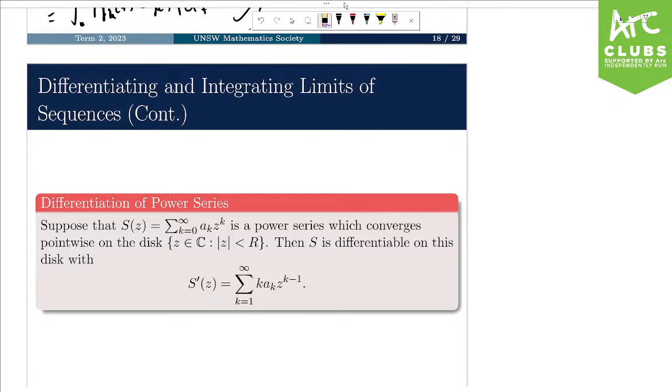So if we have a power series that converges on some disk, then we can actually differentiate that function on that disk, and its derivative is just the derivative of this term by term.